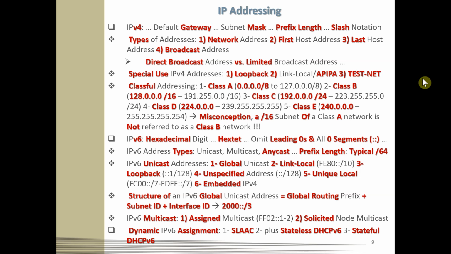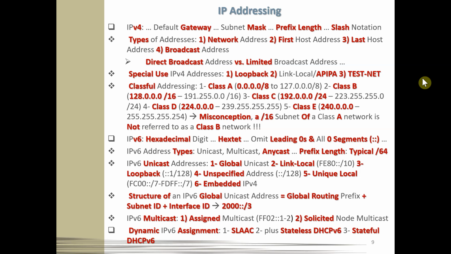Next stop is stateless address auto-configuration, or what we know as SLAAC. A device can obtain its prefix, the prefix length, and the default gateway address and other information from an IPv6 router. So the whole idea of SLAAC is for a device to obtain this information from an IPv6 router.